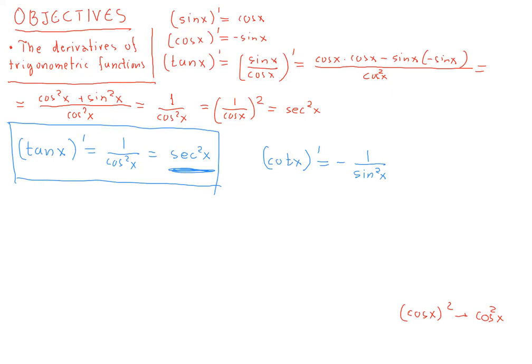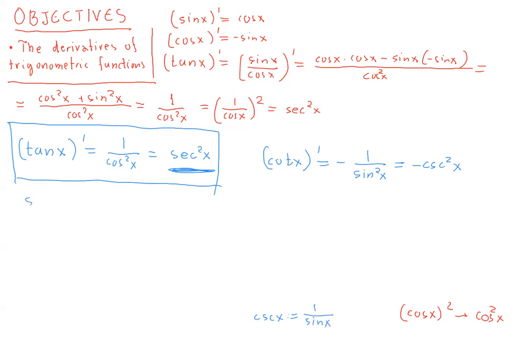So the formulas are not completely symmetric. And this can also be denoted by negative cosecant square of x. Again, recall that cosecant x is by definition 1 over sine x.